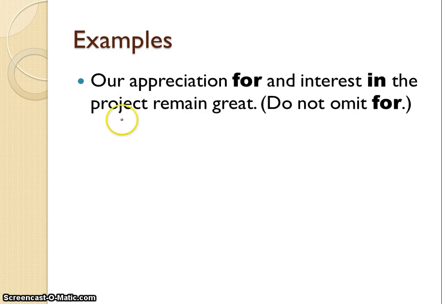Our appreciation is our subject. Here's our prepositional phrase. So we have our appreciation for, and we have interest in. We don't want to leave off the preposition for in this instance because it clarifies the sentence a little bit better.